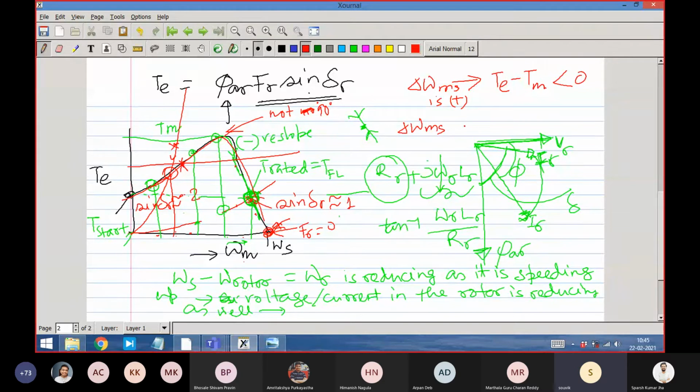If delta omega m is negative, then what has to happen is TE minus TM has to be greater than 0. These are the conditions for stable operation. Then it is stable at omega ms, where TE is equal to TM.